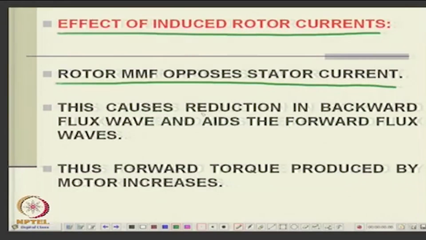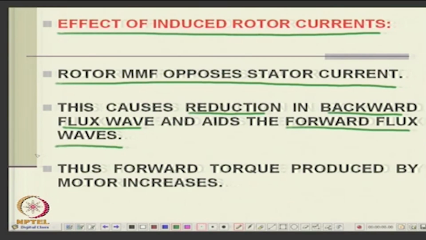So, what will happen? This causes reduction in backward flux, because the rotor current induced due to the backward field is larger, because the slip is larger for the same stator MMF, and therefore the forward flux will be more.